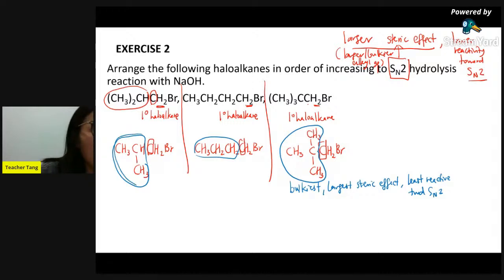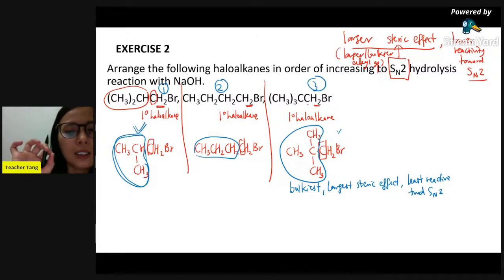This one is slightly less bulky, so the steric effect is slightly lower, so the reactivity towards SN2 is higher compared to the other. So I put 1, 2, 3. The first one, the reactivity is slightly higher than the third one.